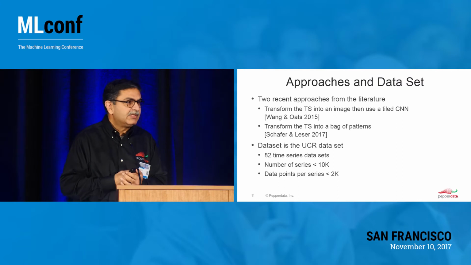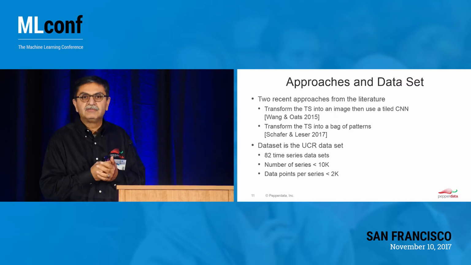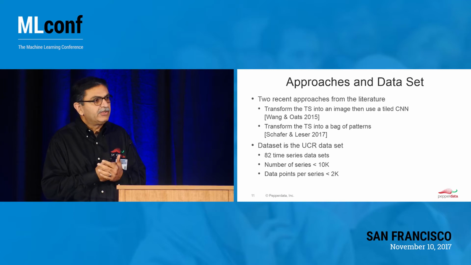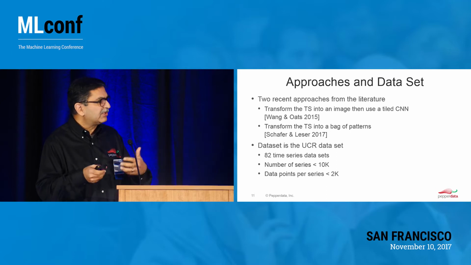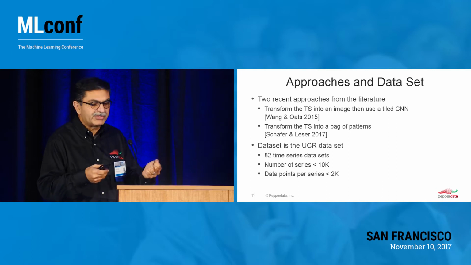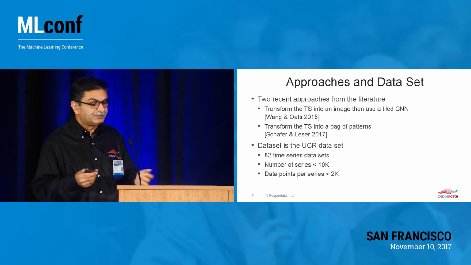Univariate time series. We started looking at what people do for univariate time series. And you look at recent publications, and what you find is there are 2 basic approaches that people have used. One is to transform the time series into an image, and I'll talk about that in more detail because I leverage that. The second one is to transform the time series into a bag of patterns.